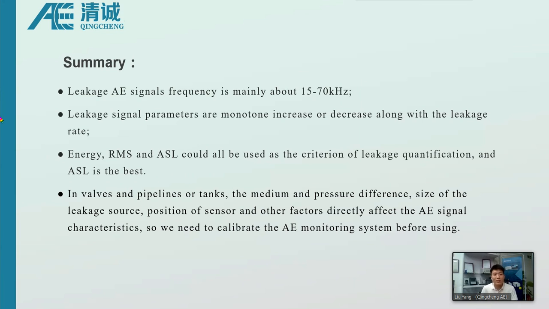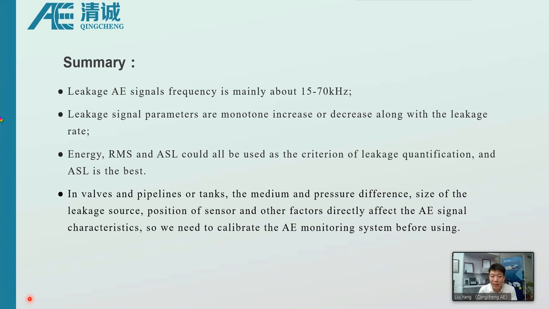So we get some summaries here. Leakage AE signal frequency is mainly about 15 to 70 kilohertz. Leakage signal parameters monotonically increase or decrease along with the leakage rate. Energy, RMS, and ASL could be used as criteria for leakage quantification, and ASL is the best.